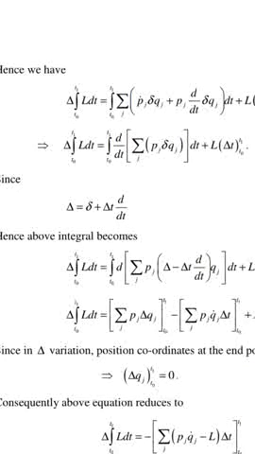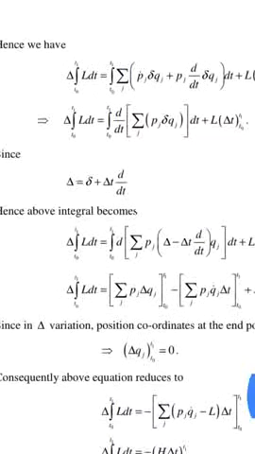Del of integration of t0 to t1 L dt is equal to integration from t0 to t1 d by dt of summation of pj delta qj dt plus L delta t, t0 to t1.